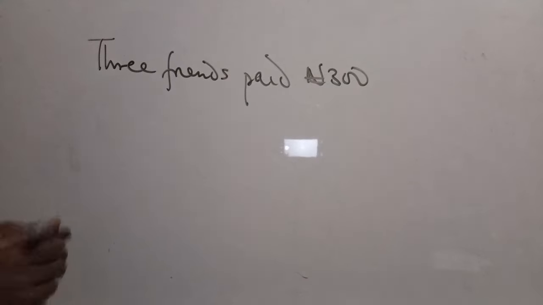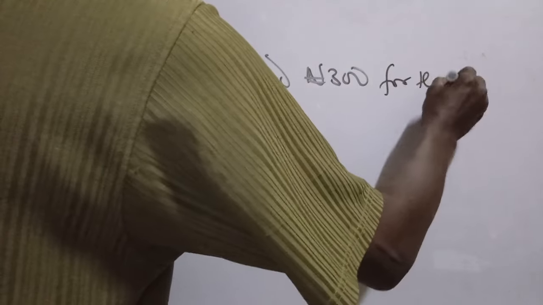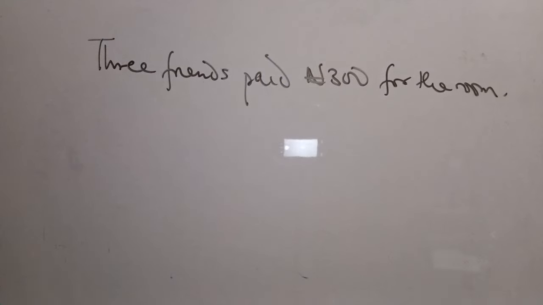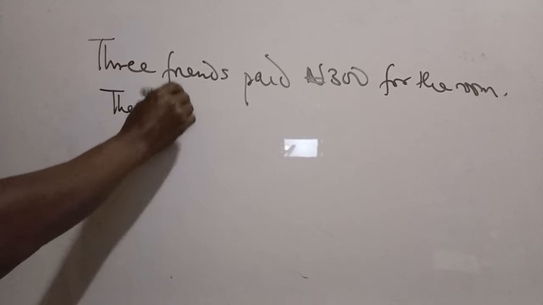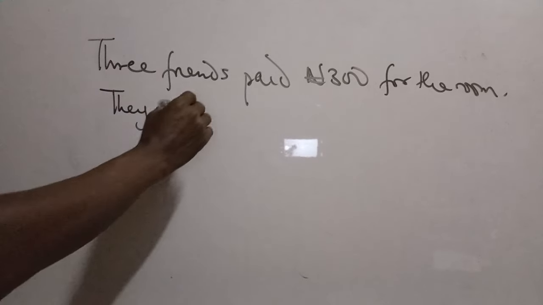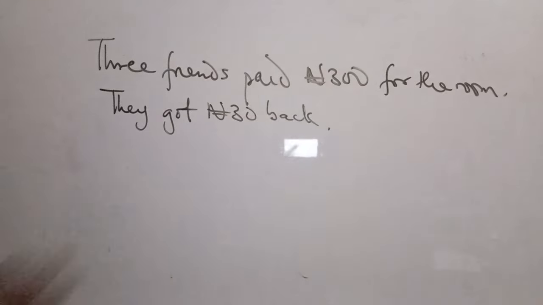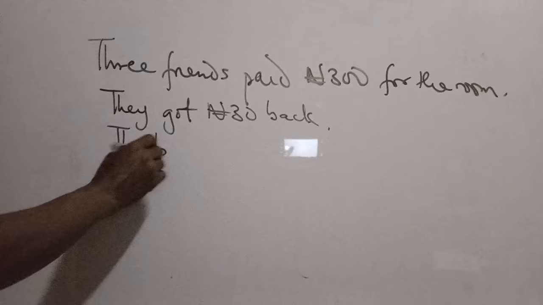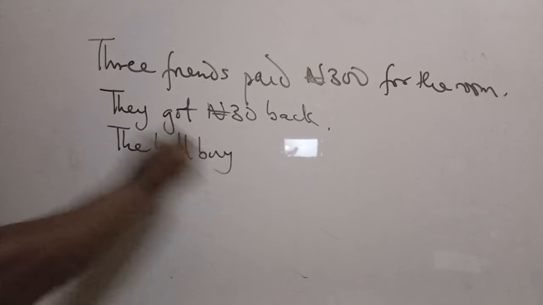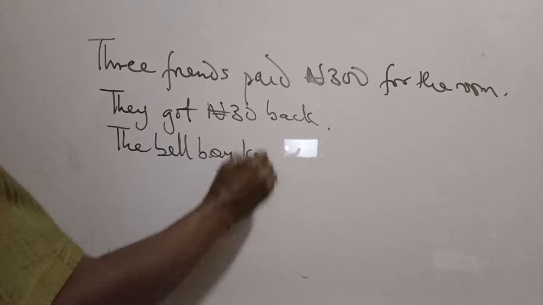Let's write it clearly. For the hotel room, they paid 300 naira. Now, they got 30 naira back. Beautiful. We know that. The bellboy kept 20 naira.